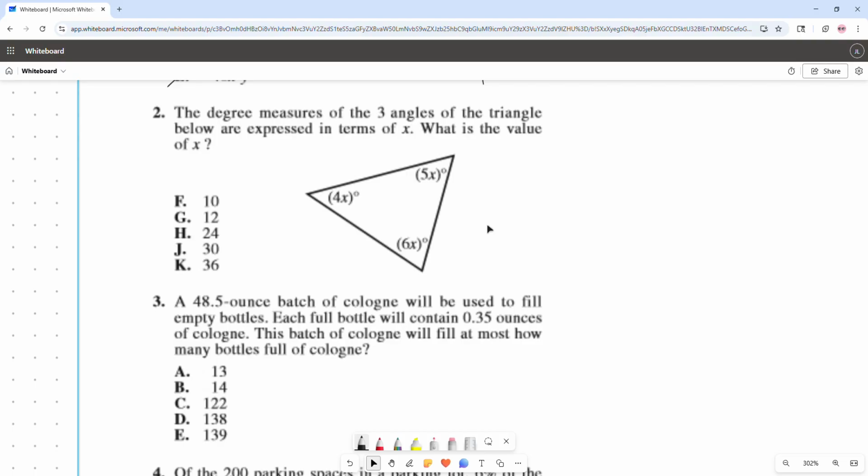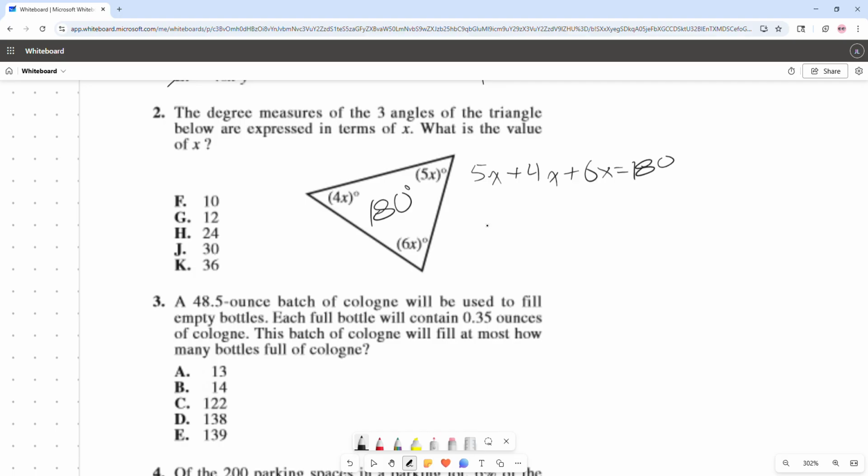all angles of a triangle should always equal up to 180 degrees. Always. Which means these three angles, 5x, 4x, and 6x, should all equal up to 180.